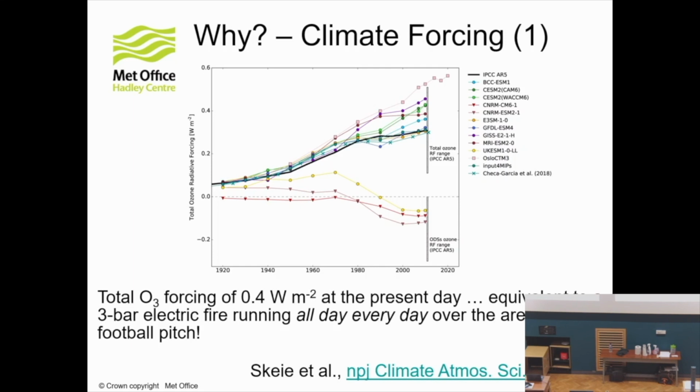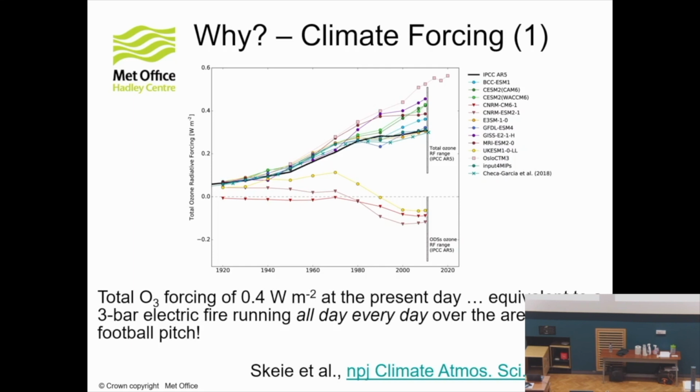So this particular slide goes from 1920 through to the present day, and the changes plotted here are relative to the pre-industrial period at 1850. And what you'll see is that the abundance of ozone over the historical period is increasing, and at the present day it's causing a perturbation in the Earth's radiation balance of about 0.3 to 0.4 watts per square metre.